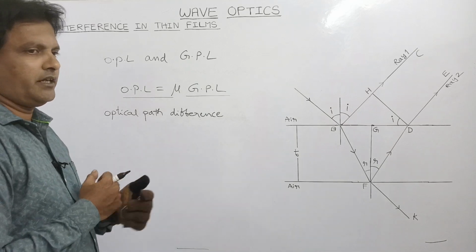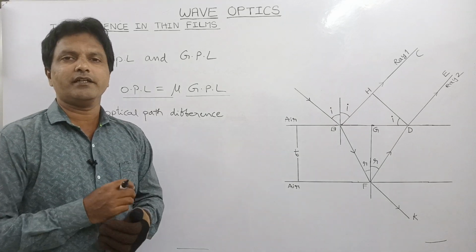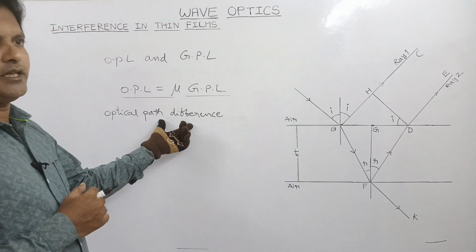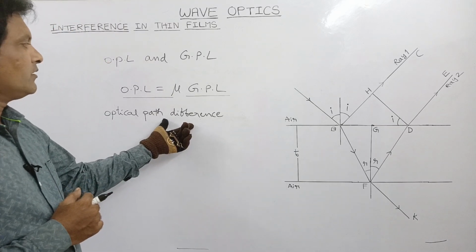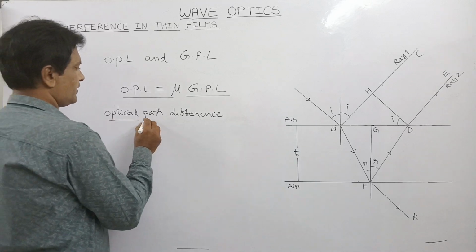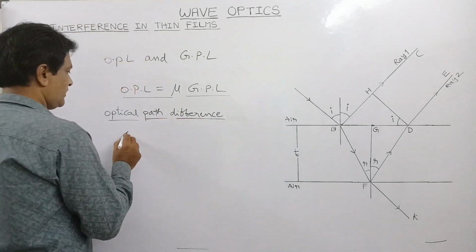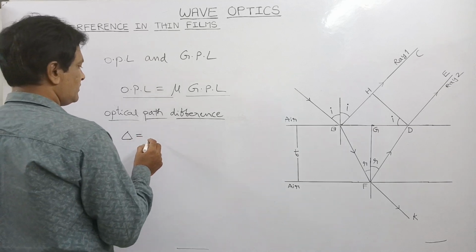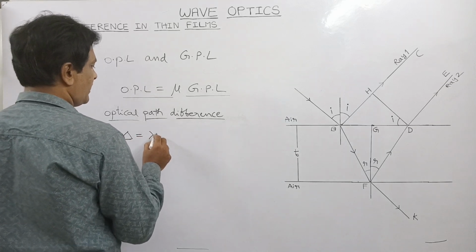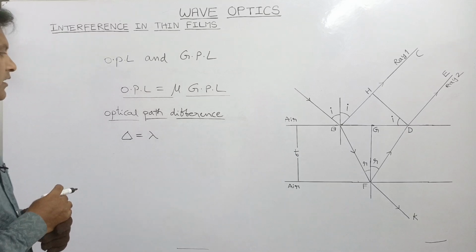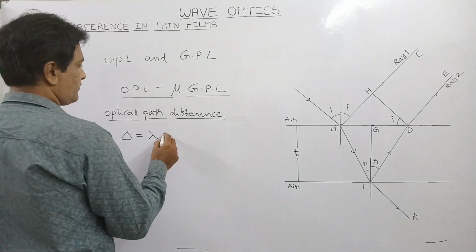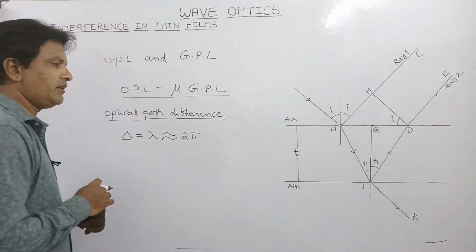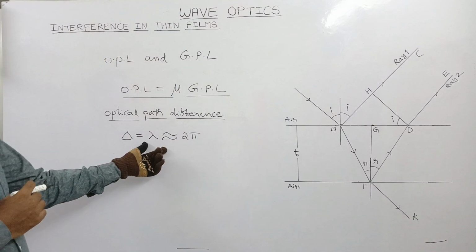When a ray enters a medium and again leaves the medium, the path difference between the two rays is called optical path difference. It is generally represented by delta, and if the optical path difference is lambda, the equivalent phase difference will be 2 pi, where lambda is one wavelength of light.